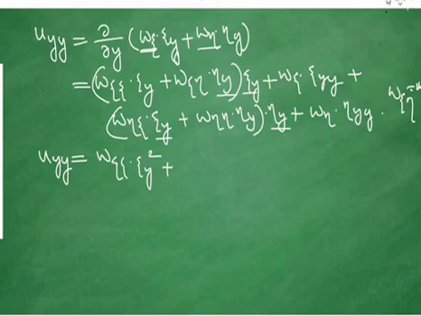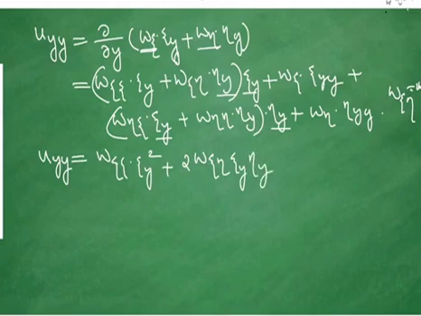So by that we can add the two, as the two terms are similar. So this will be 2 into w theta eta into theta y eta y, plus again the w eta eta term.